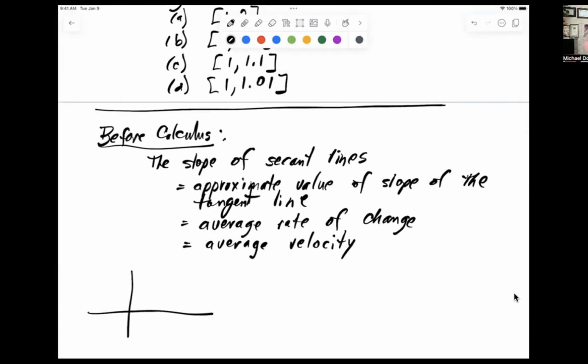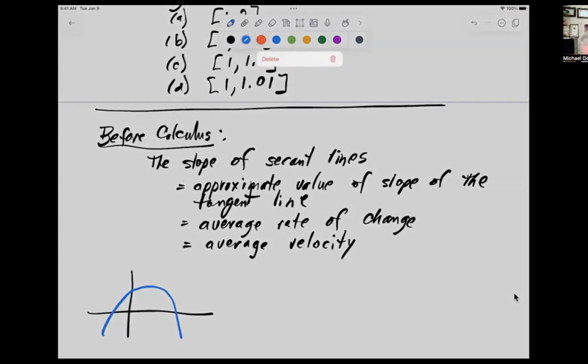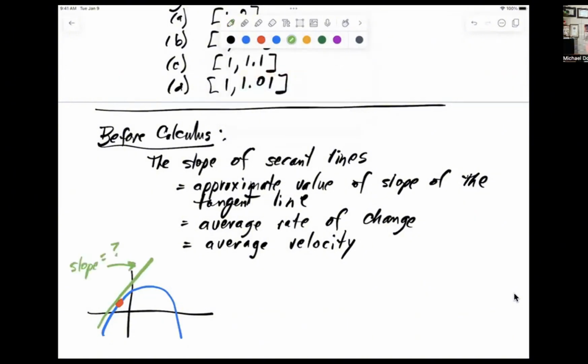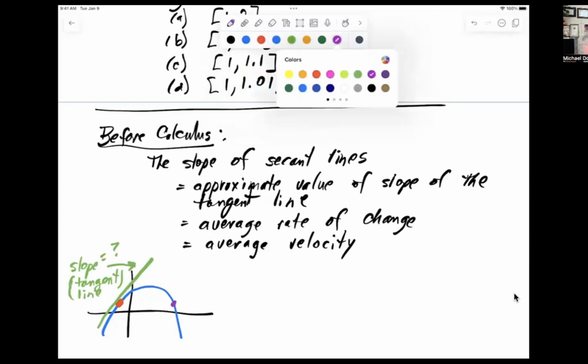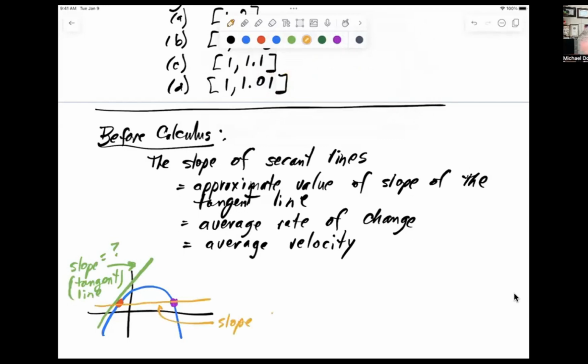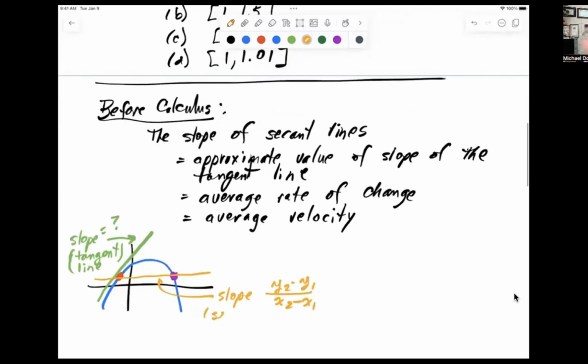If my curve looks like this, and I'm trying to find the slope of this tangent line here, and I take a different point, like that purple one there, the slope, we said, was the differences of the y's over the differences of the x's. This is known as the secant line.